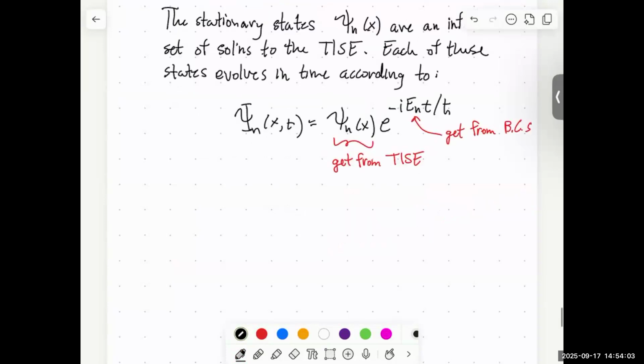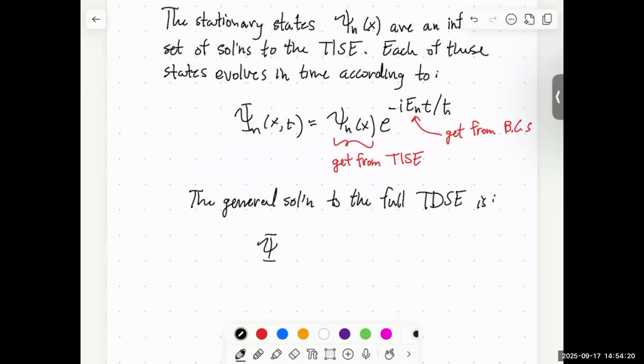Okay, and so the general solution to the full time-dependent Schrodinger equation is Psi of x and t is the sum over all infinite number of the solutions, the stationary states, like so.